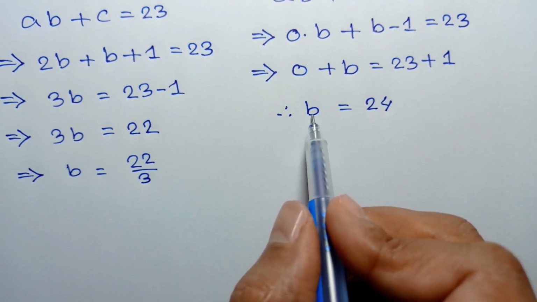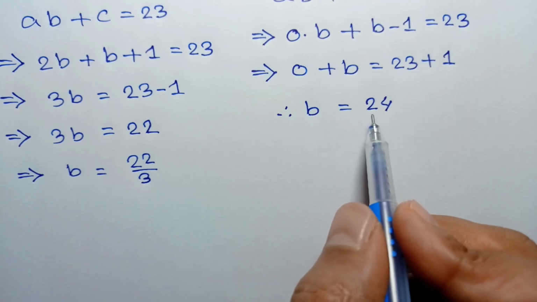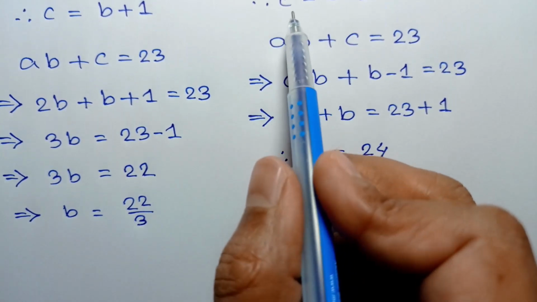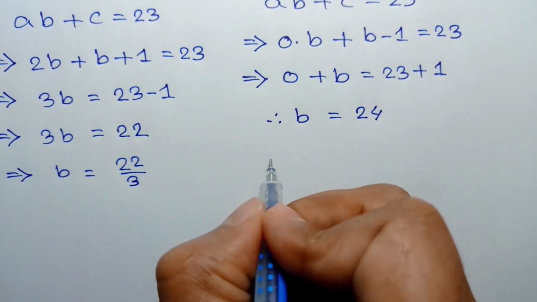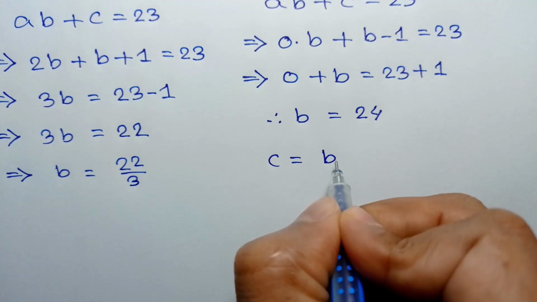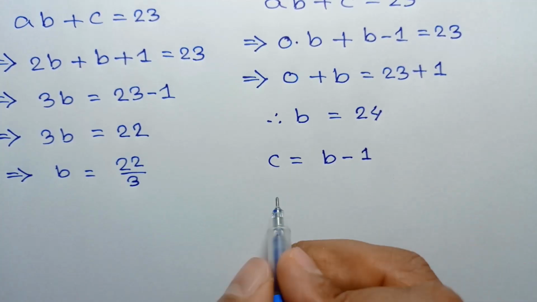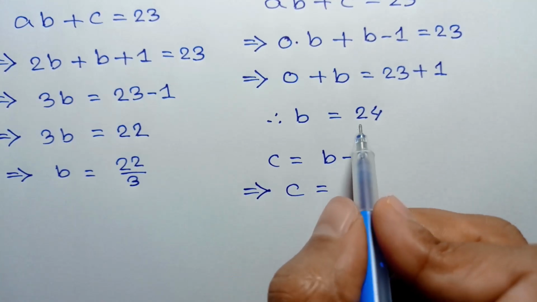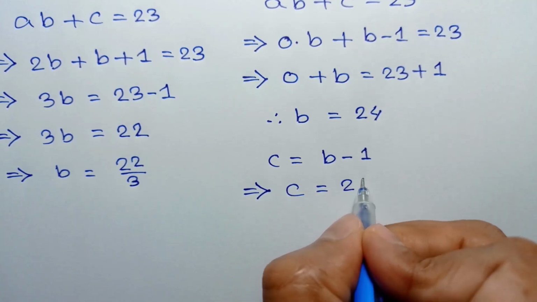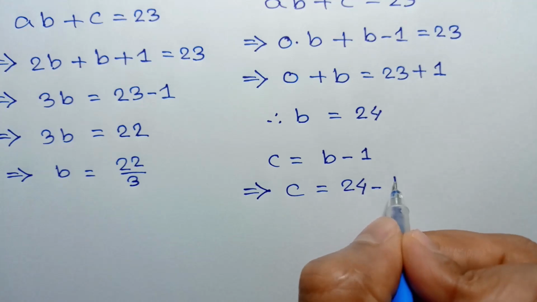Now substituting the value of B is equal to 24 in here, we can write C is equal to B minus 1, or C is equal to 24 minus 1.